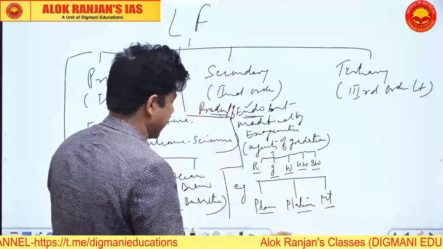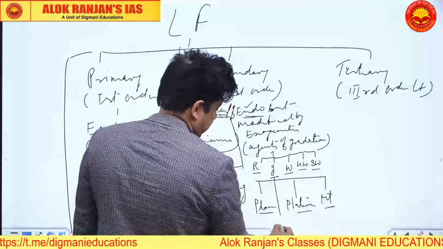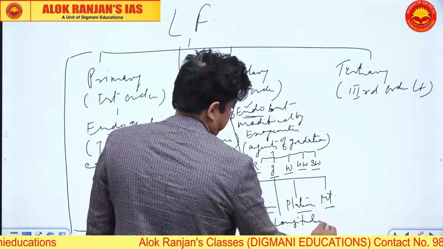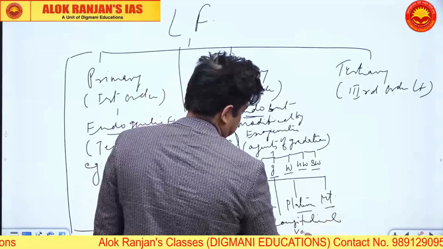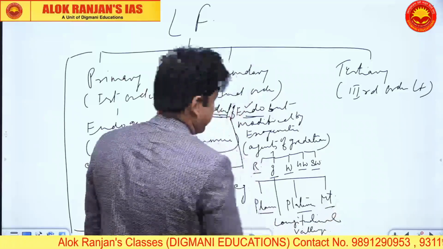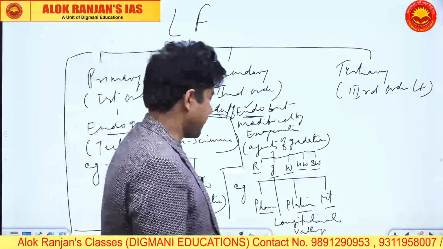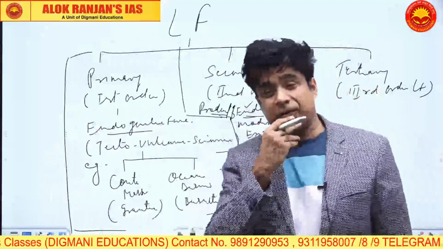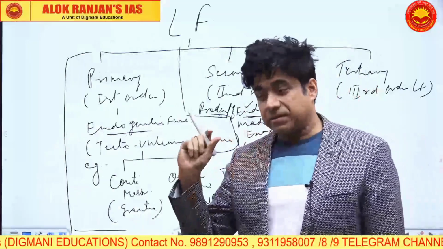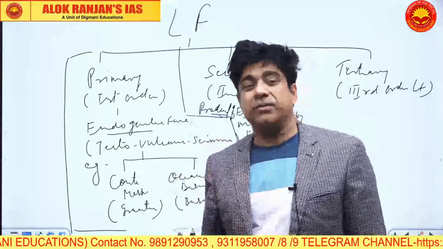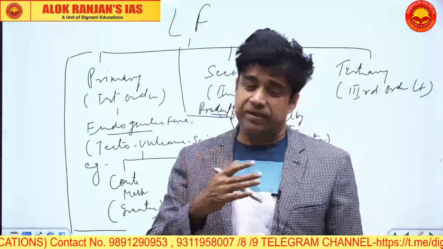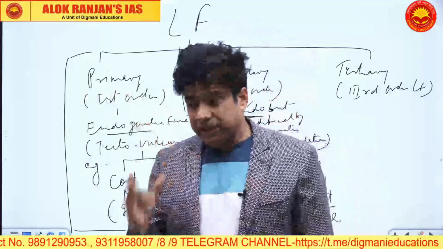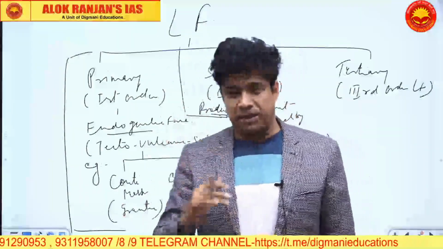There is one more being added here these days, the longitudinal valleys. The longitudinal valleys are also considered second order landforms. What are these longitudinal valleys? Say you have the Shivalik mountain, then the lesser Himalayas, and then the greater Himalayas.